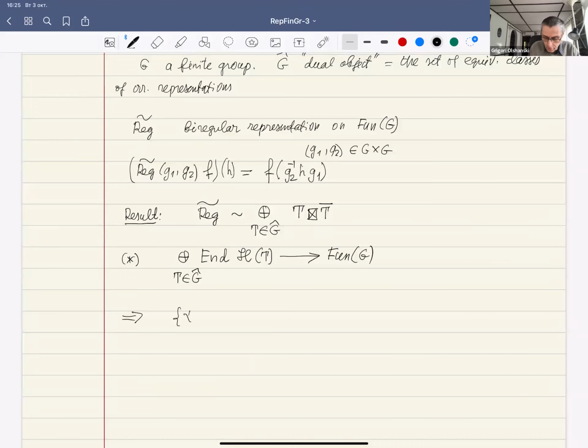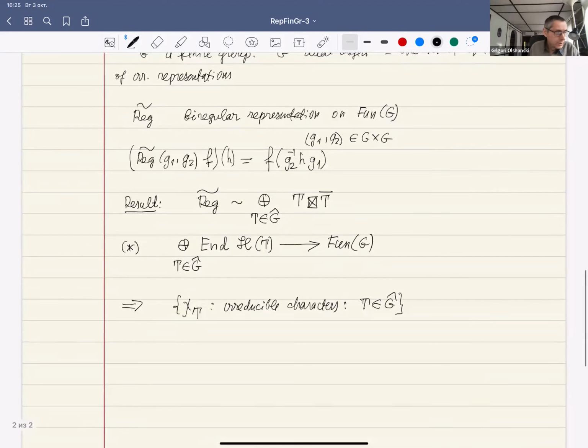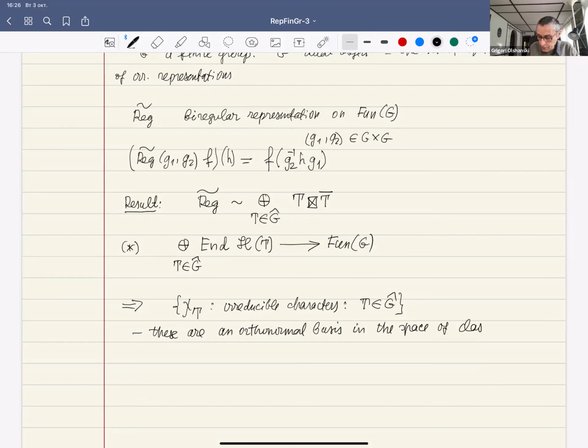Let's consider a set of irreducible characters, which means that T ranges over the dual object, and we take their characters, and these are an orthonormal basis in the subspace of class functions in the space of all functions.